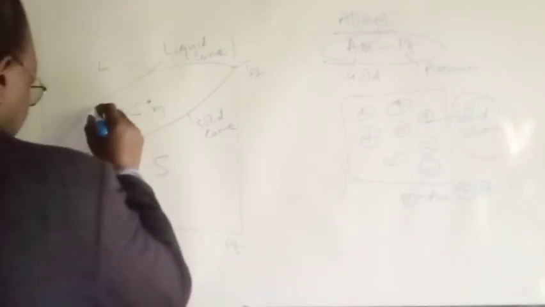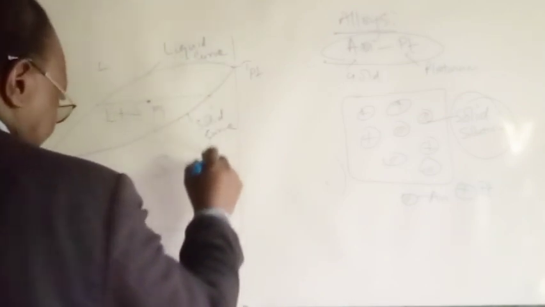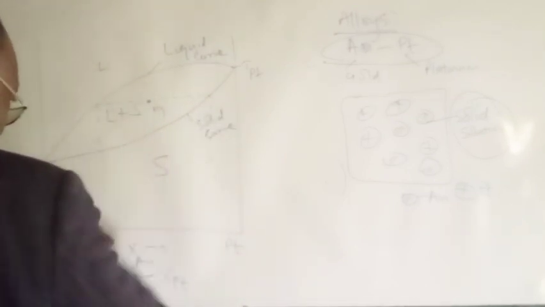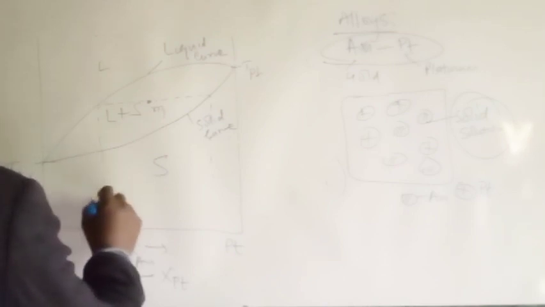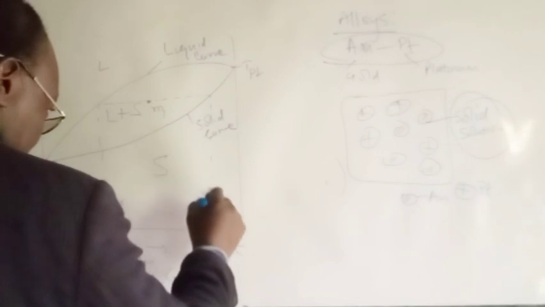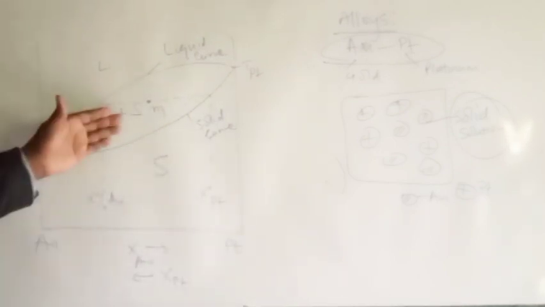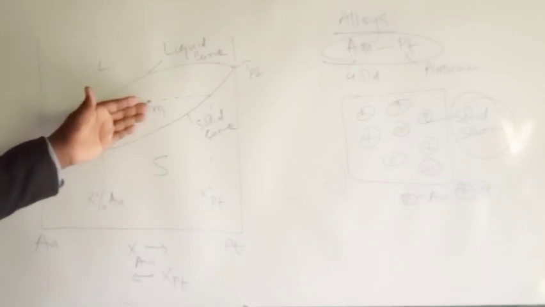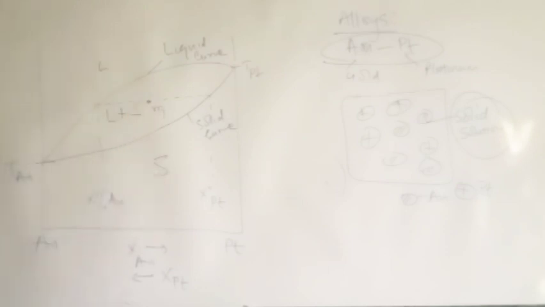Now we can tell the relative amounts of these quantities in that mixture by just drawing a tie line and dropping it to this particular point. This will give us the percentage of gold, and this will give us the percentage of platinum. And here we have liquid and the solid solution existing in equilibrium, and here we have the solid solution.